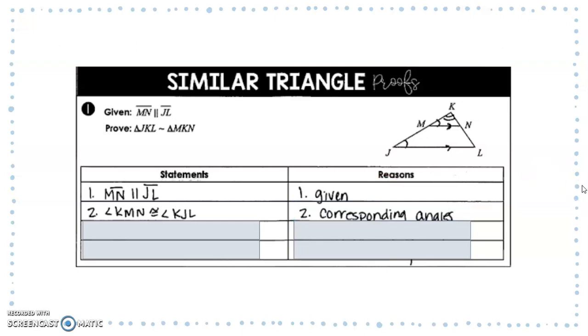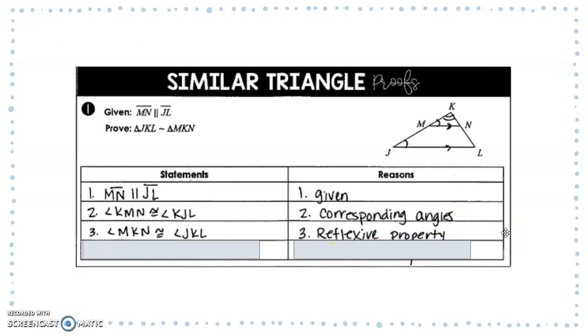Looking at my picture, I also see that I have a little triangle in a bigger triangle. So that means that this angle K here is shared by both triangles. Just like we had the reflexive property with our congruent triangles for our sides, for similar triangles, we can use that similar angle using that reflexive property.